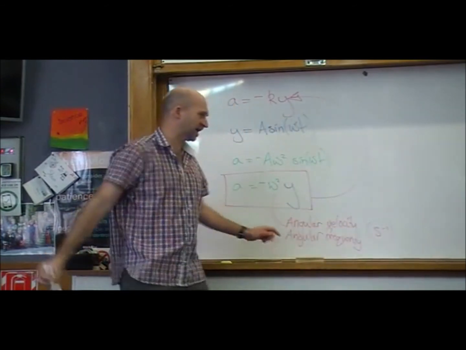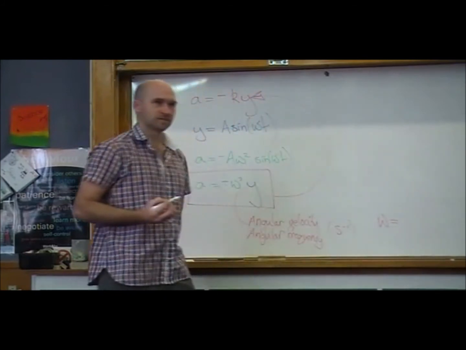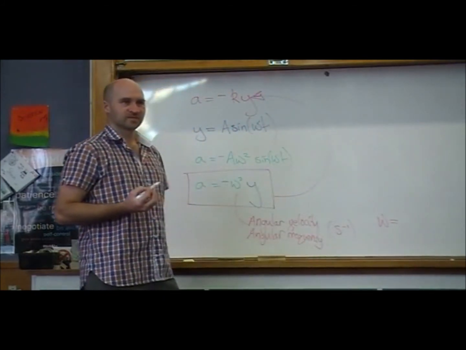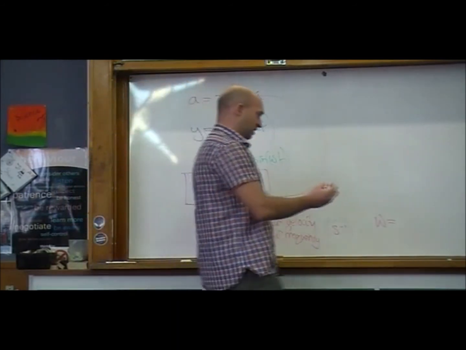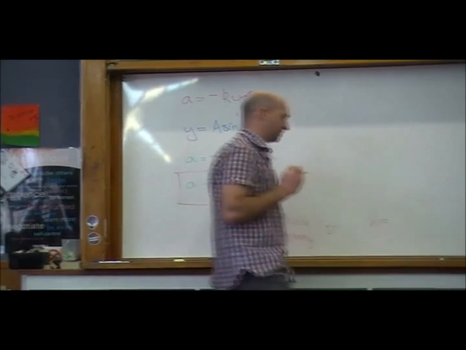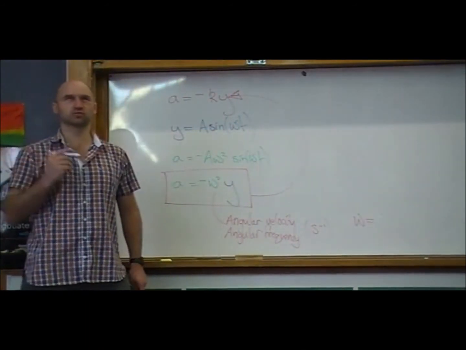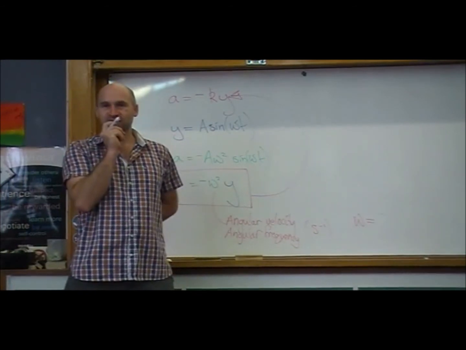But how do we calculate it? Omega is change in angle over change in time. That's an okay equation. Or v over r.